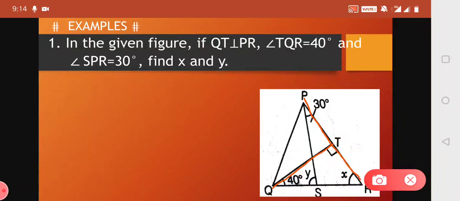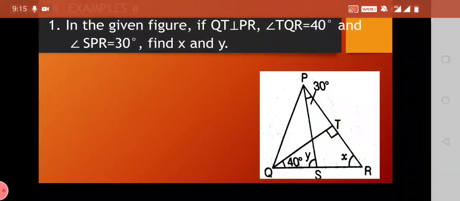Further, this is your angle TQR which is given as 40 degree, and this is your angle SPR which is given as 30 degree. We have to find the value of X and Y.